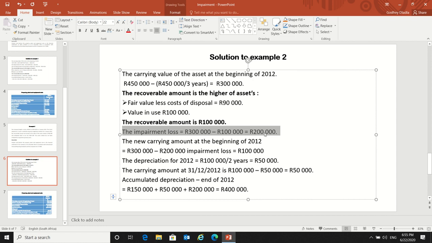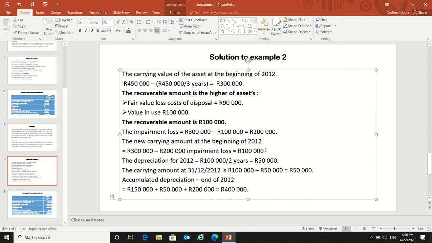It is this 200,000. That is your impairment loss, right? Now, after you've put this impairment of 200,000, do you see it changes your carrying amount from this one minus this one? So your new carrying amount, like it's being said here, is 100,000, right?